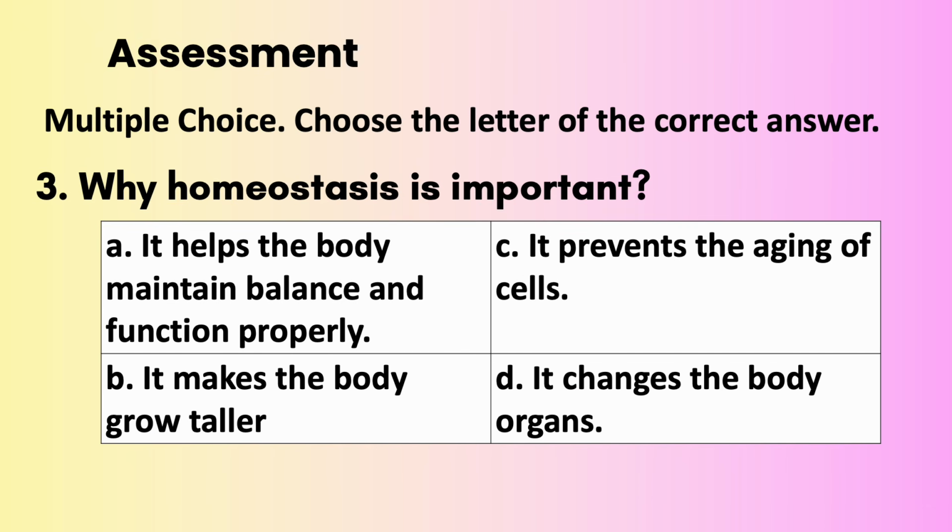Question number 3. Why is homeostasis important? Think back to our definition and our lesson goal. Alright, your answer is correct. The answer is letter A. It helps the body maintain balance and function properly.